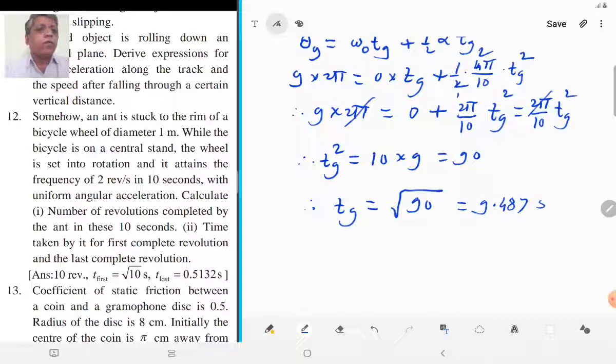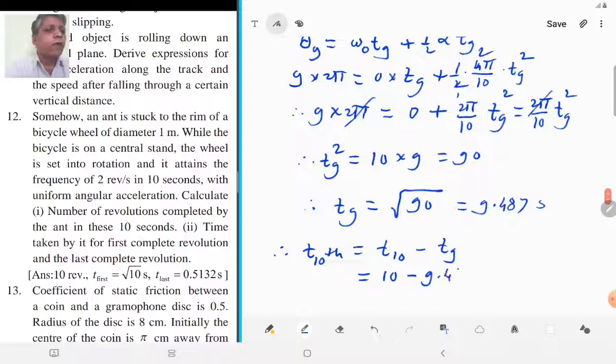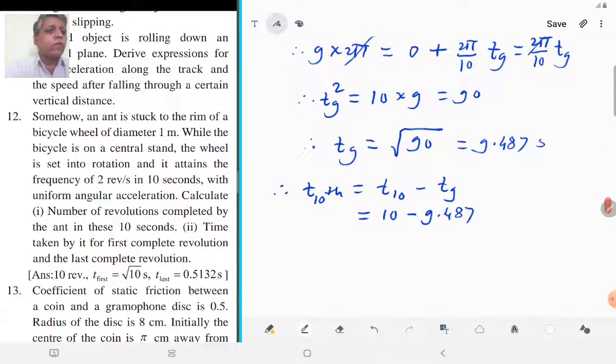and therefore time taken to last complete revolution, that is 10th revolution, that is equal to T10 minus T9, that is equal to 10 minus 9.487.